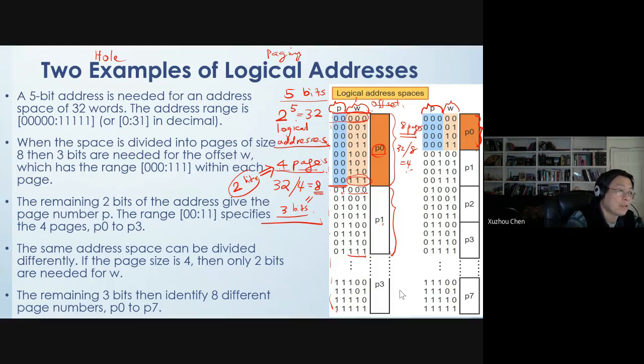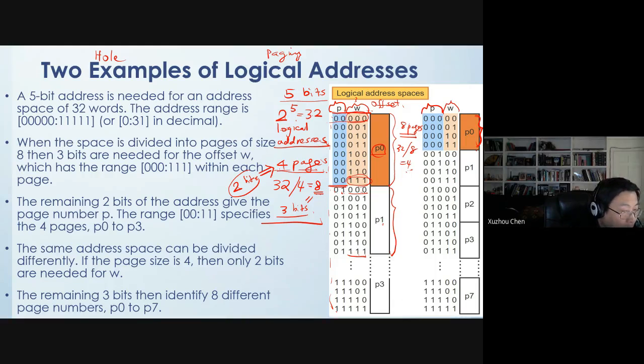Now, if the number of pages is 4, so I decrease the number of pages, then each page is going to be bigger, right? So it's the relationship between the page size and the number of pages. If one is bigger, the other is going to be smaller. That's the trade-off. Okay.